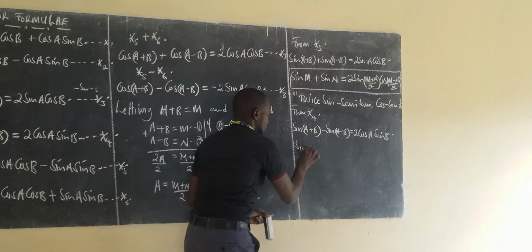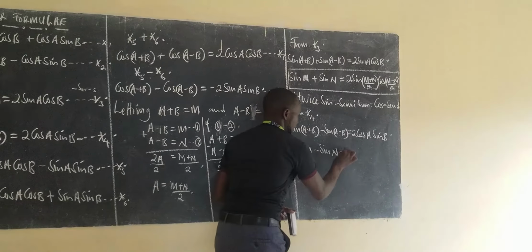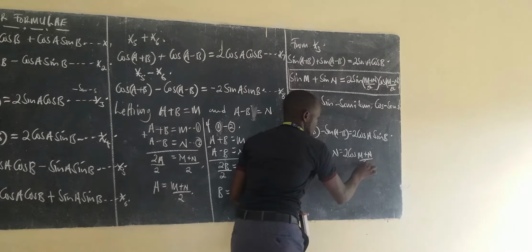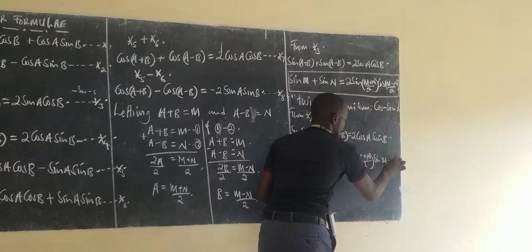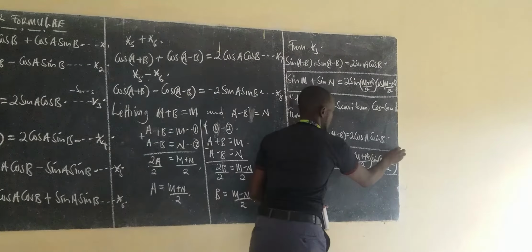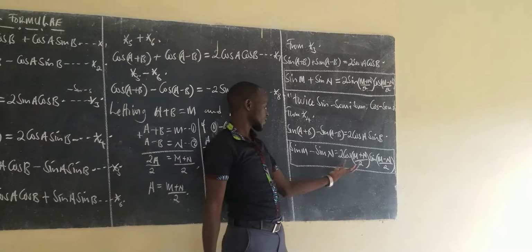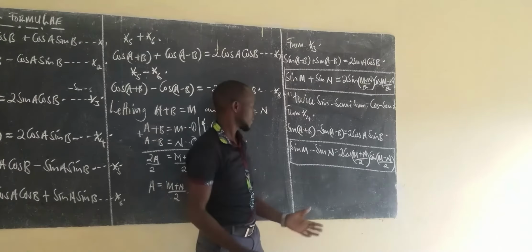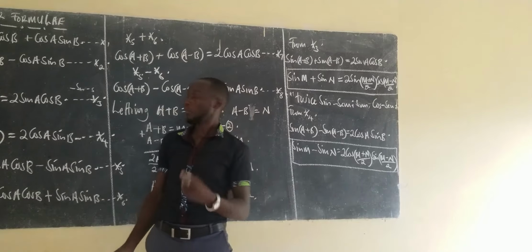So we shall have sine of m minus sine of n, giving us 2 cos m plus n out of 2, sine of m minus n out of 2. So wherever we are subtracting two sines, we get twice cos same sum, sine same diff. This is the factor formula for the subtraction or for the difference of two sines.